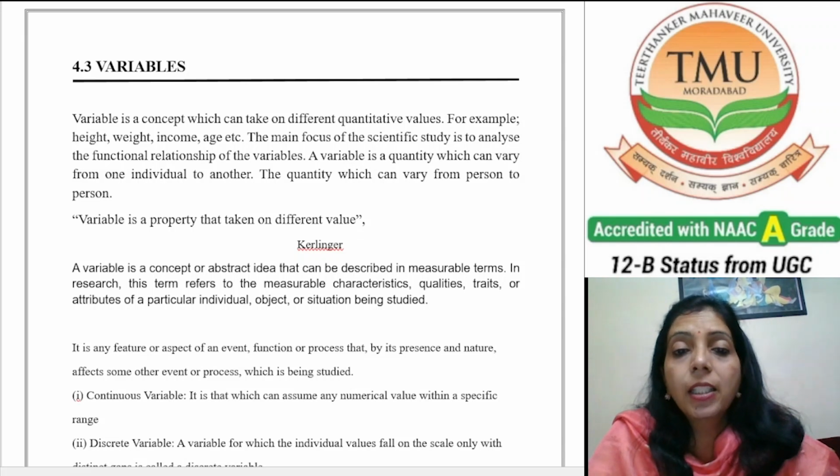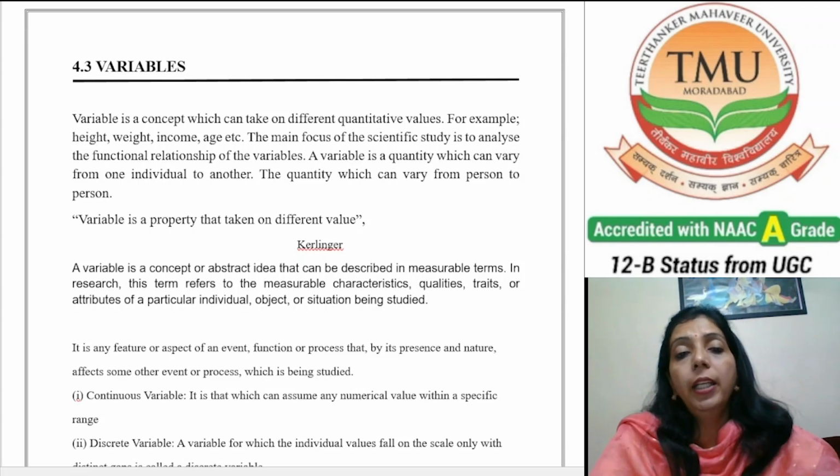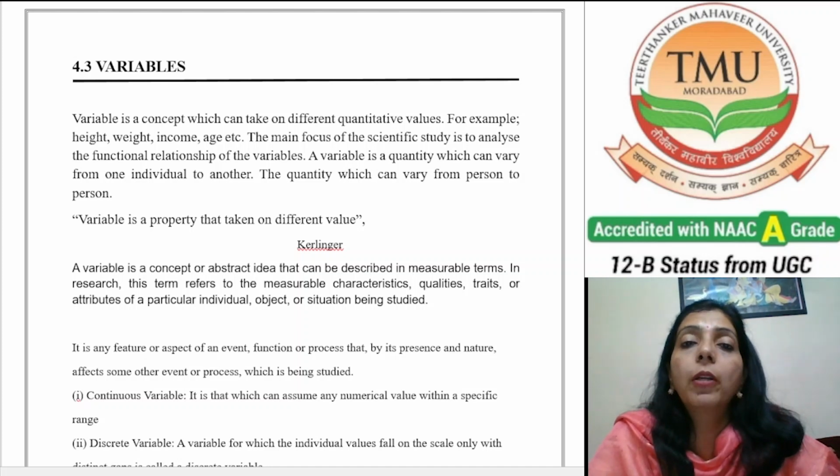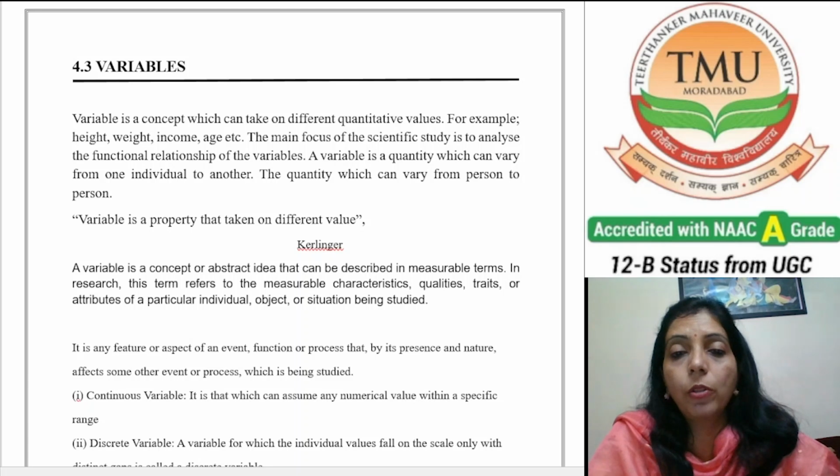So in this case, self-concept is an independent variable, and social studies achievement is a dependent variable because it depends on self-concept.